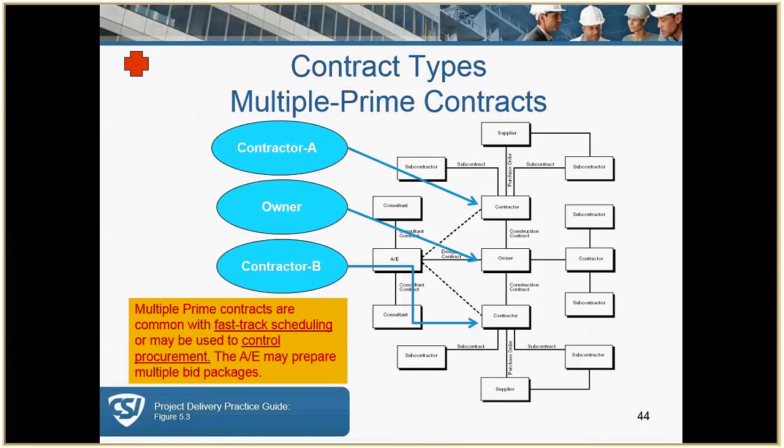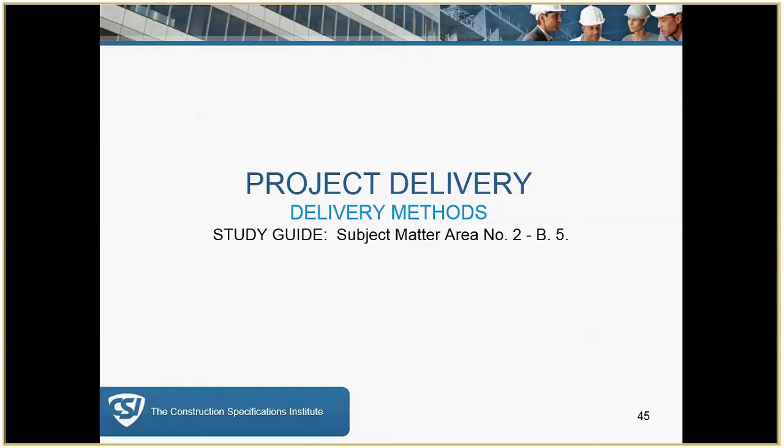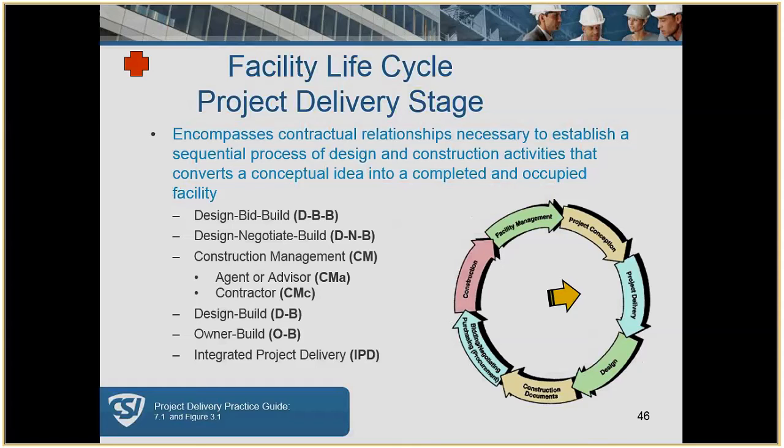So again, we're in the second part of the session outline, project delivery. We're going to now talk about the facility life cycle project delivery stage. This is where we're at in the stage of this cycle.